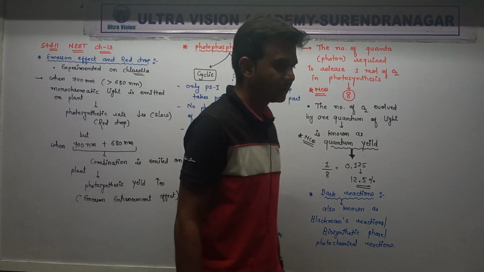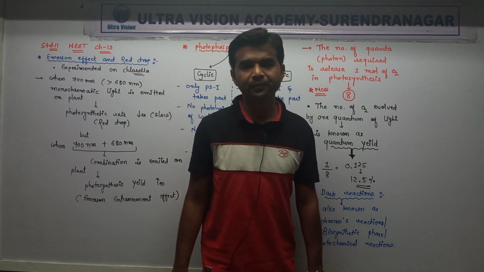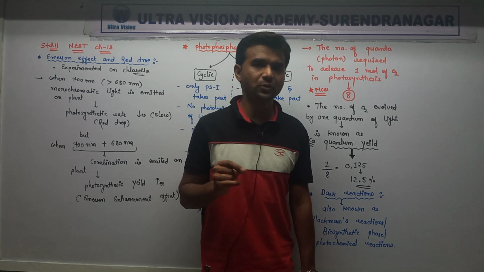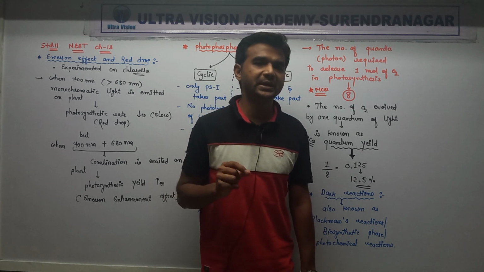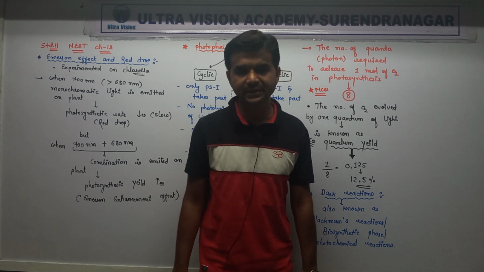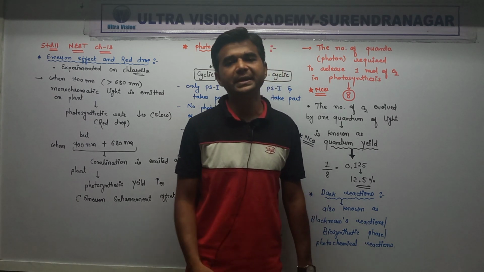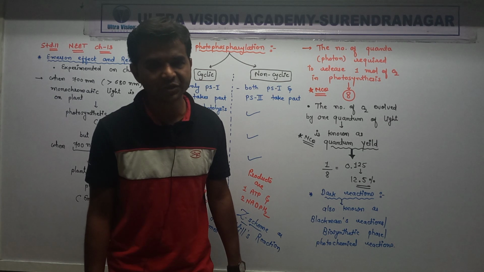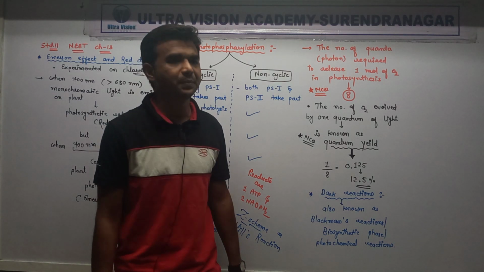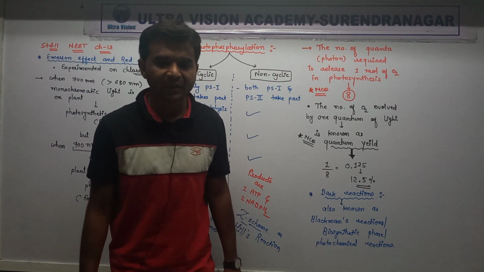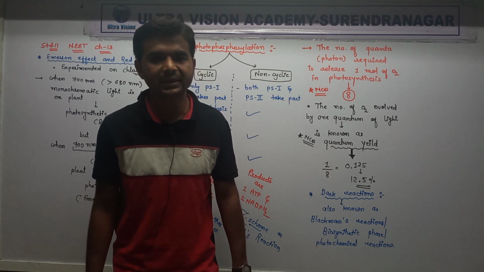As a result the first stable product formed in chlorella is PGA, phosphoglyceric acid. Due to the formation of phosphoglyceric acid in the carboxylation phase, the first stable product is PGA. That's why it is known as the C3 cycle.